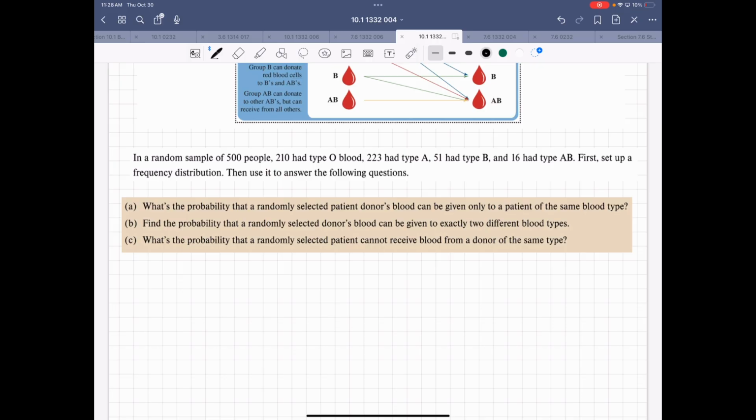So on example 4, you need to write what the frequency distribution looks like, because you will probably have to fill out a table. Okay? So we list the type, and then we list the observed frequency.